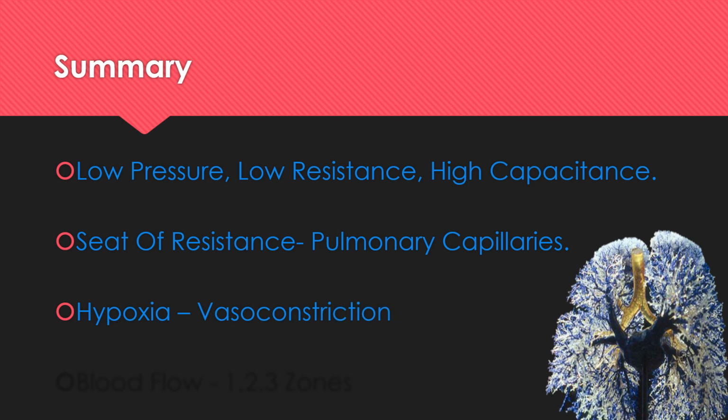Hypoxia here produces vasoconstriction, and the blood flow in the lung is divided into three zones, all depending upon the alveolar pressure and the pulmonary arterial and pulmonary venous pressure.